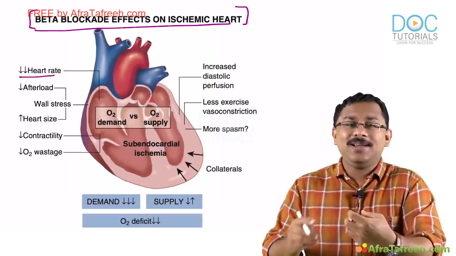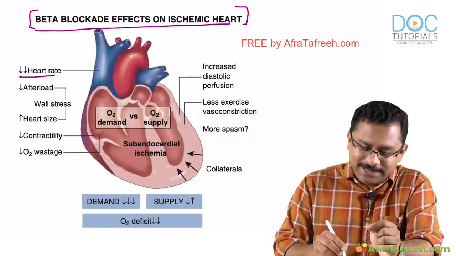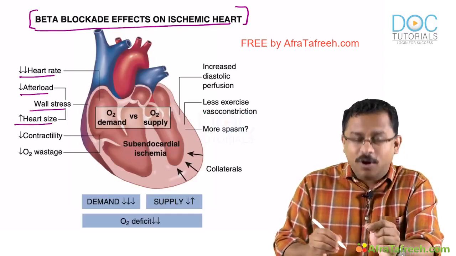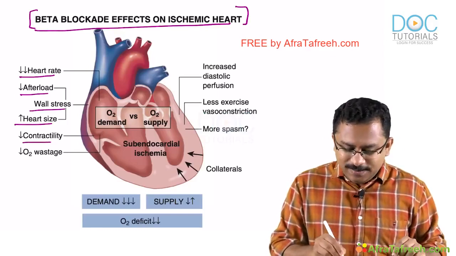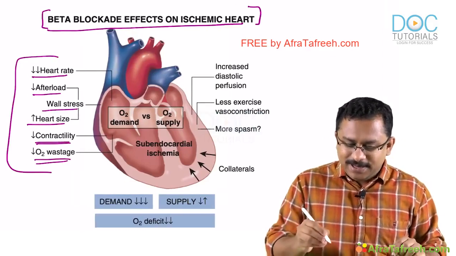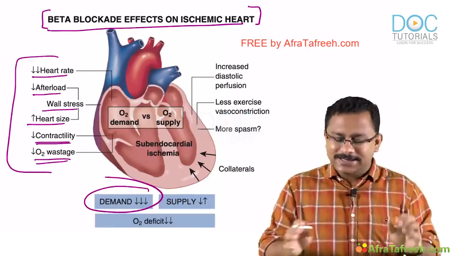Remember, you will predominantly go for the beta 1 selective beta blockers. It will decrease the heart rate, decrease the afterload, decrease the wall size and the wall stress, and decrease the contractility and the oxygen wastage. In fact, the sum total is that the demand is decreased.